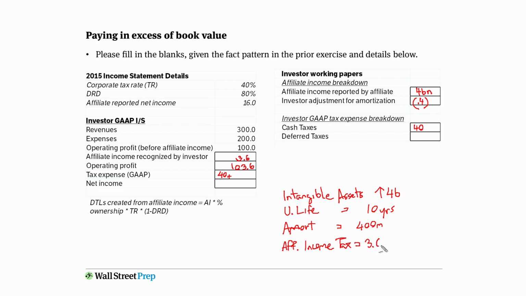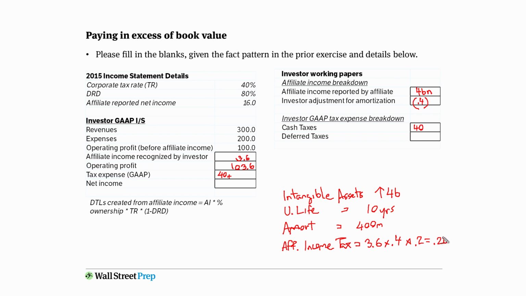This is the income that we recognize, Google, I should say, recognizes because of this amortization adjustment, times 0.4 for the tax rate, times 0.2, which is 1 minus the dividends received deduction. That equals 0.288.